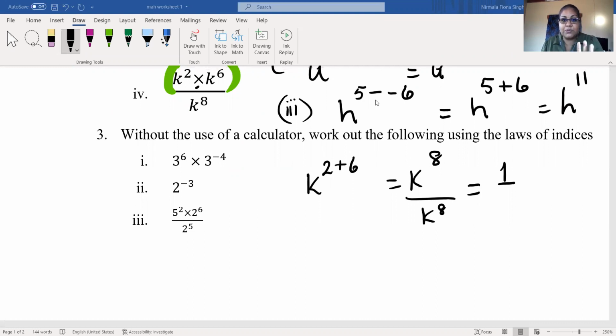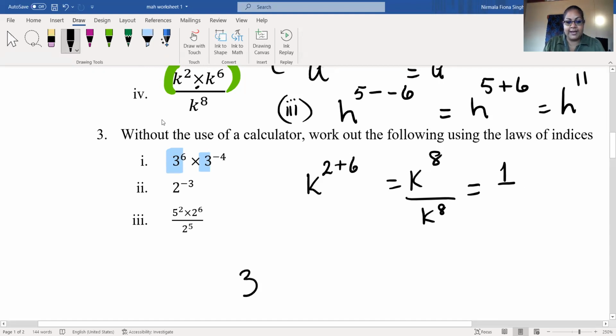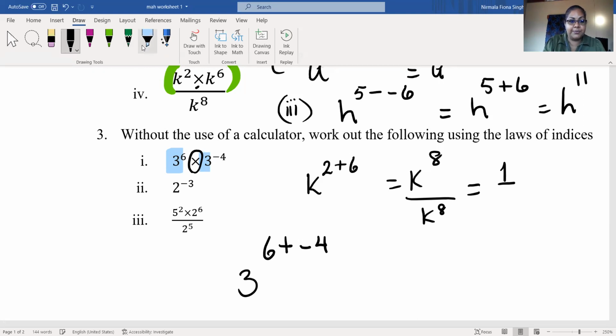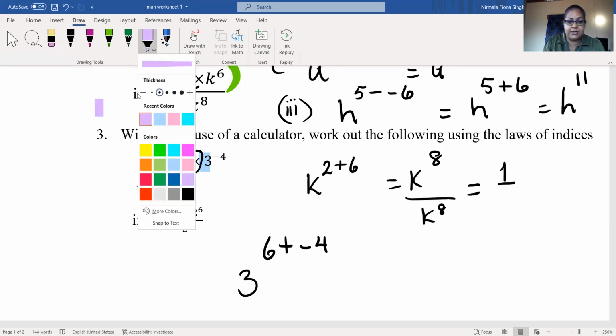So, rules of indices we're using here. We're not using our calculators, right? I have 3 to the power 6, and I have 3 to the power minus 4. The base numbers are the same, so guess what? I can apply my laws of indices. So I'm going to have 3 to the power 6, and since I am multiplying them, I am going to add my indices. Remember we said the sign in front of your index goes along to the right, attached to the number.